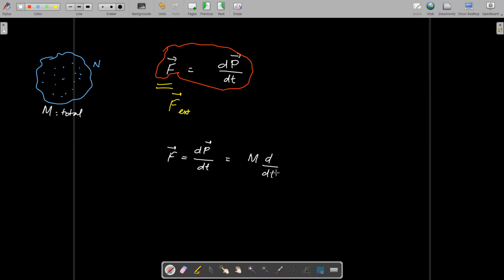So this will be m dv by dt, or we can write this as m d square r by dt square.